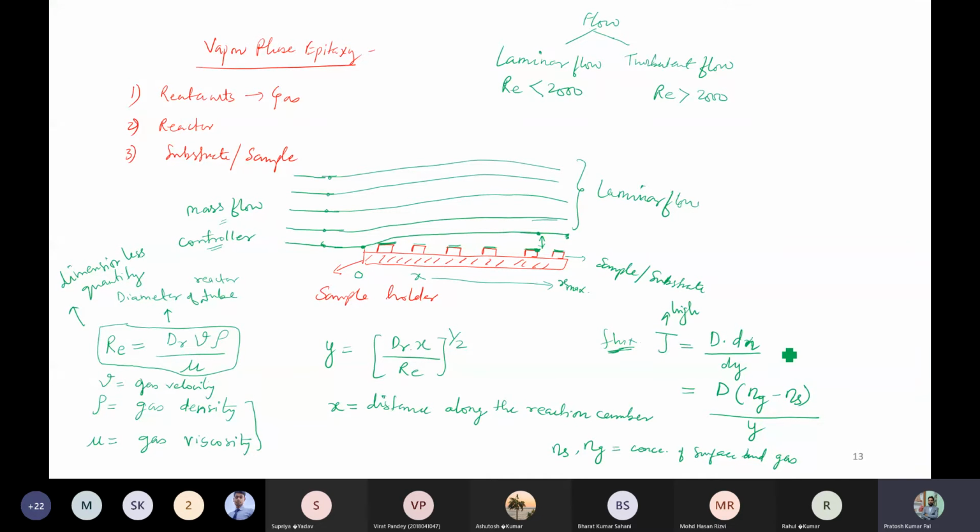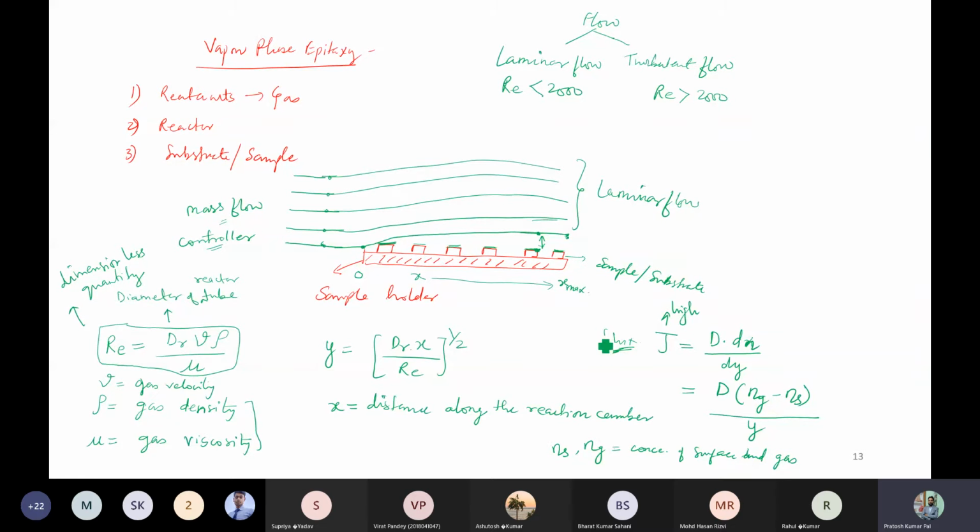Here in the denominator we have Y, which is the thickness of the boundary layer. If this thickness is high, then J will be less.